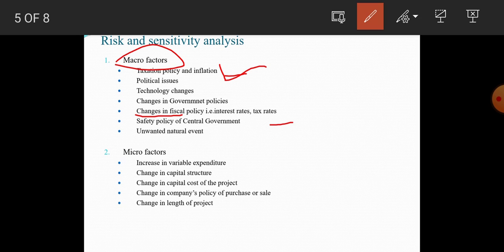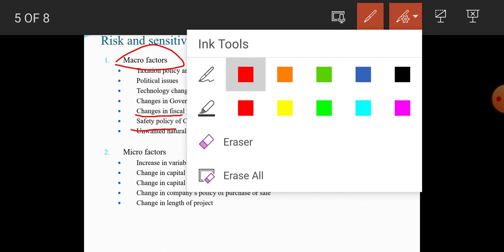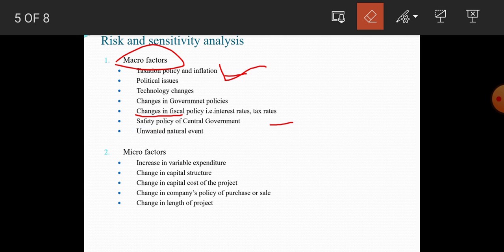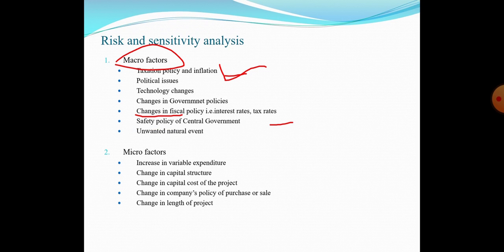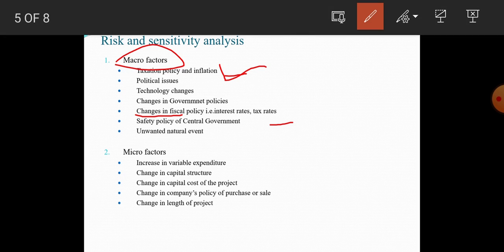So if the safety concern is more increased, it may also give rise to cost to the company, because due to change in safety policy of the government, we need to check the temperature, and everything is more safe, so that also can incur the cost.